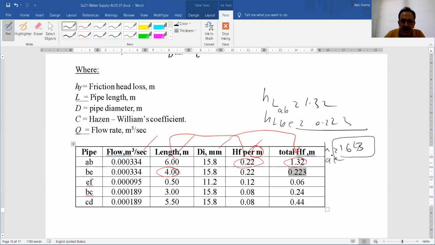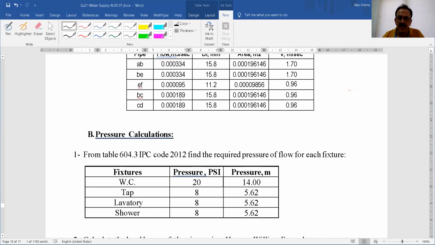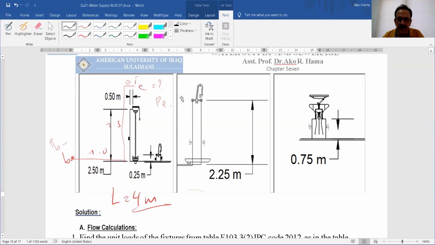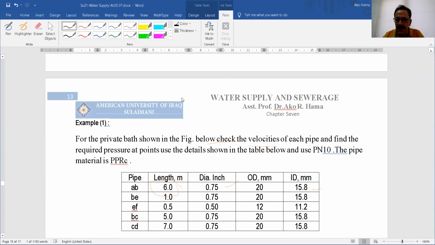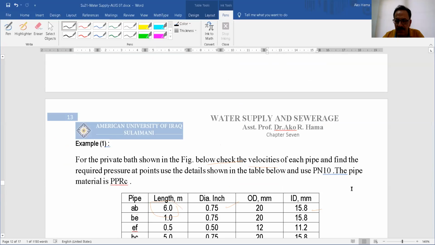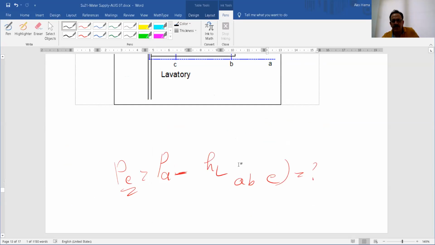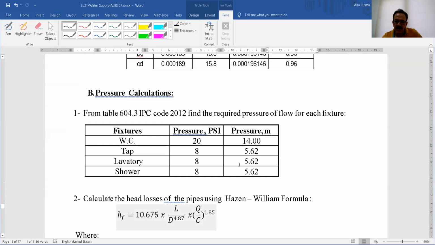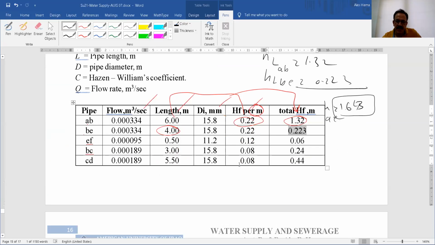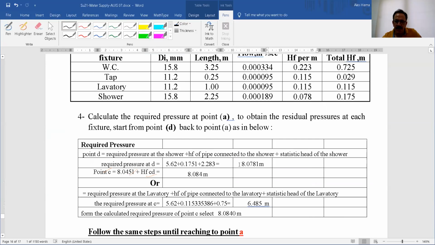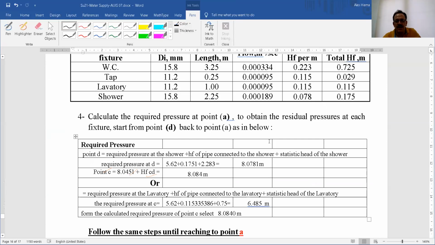Now check how much is the available pressure at A. It should say what the pressure at A is, here's the pressure at A. It should give you the pipe materials. It will tell you how much the pressure at A will be, and from that one, you can get the total.